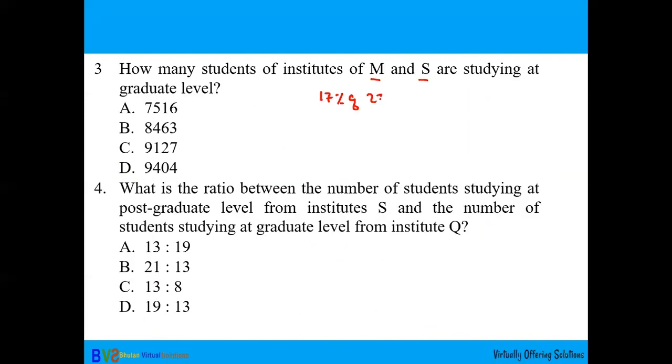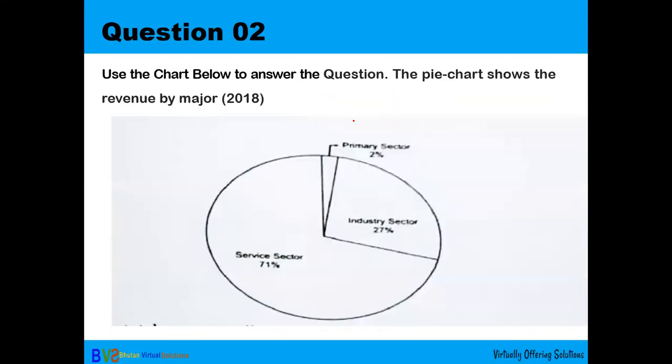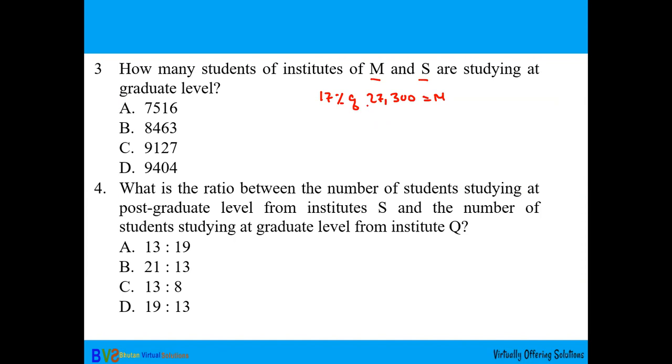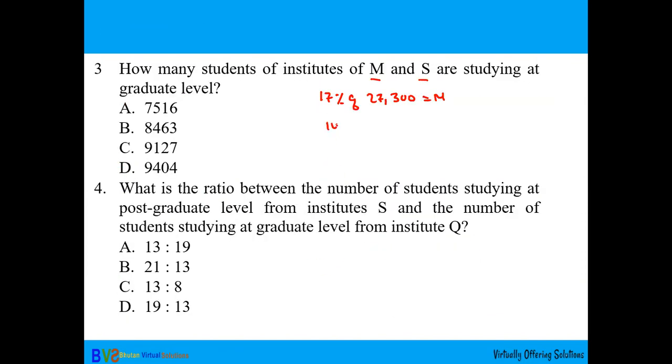And for S it is 14%, 14% of 27,300. All right, so try to solve this now. Just add those values and you will get the answer.